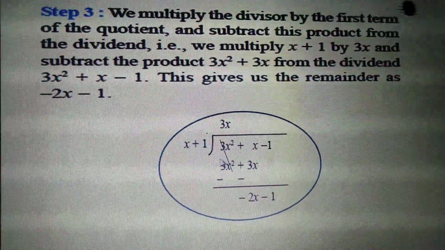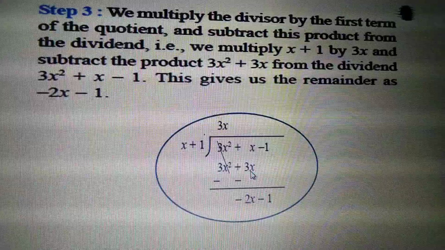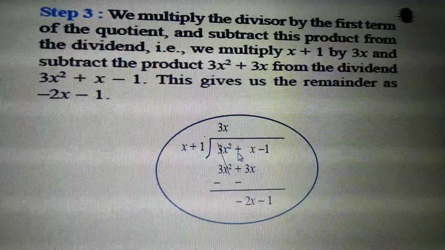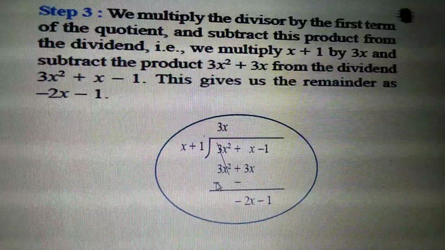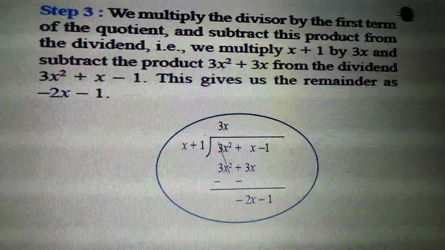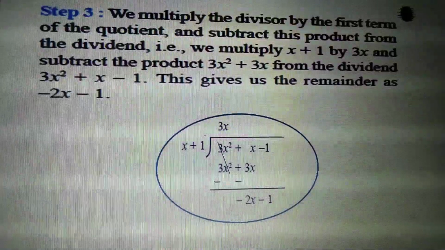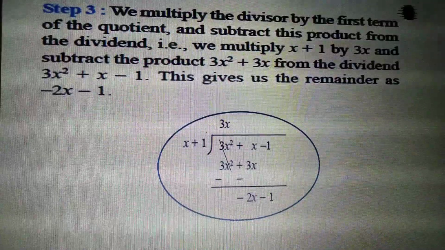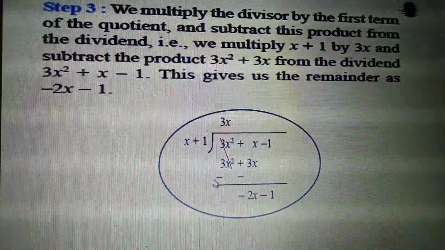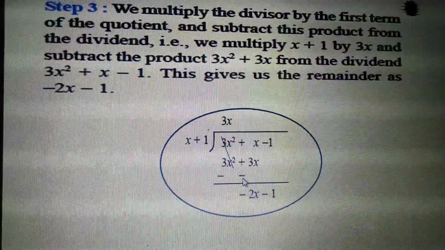So we should subtract this product from the dividend. So how to subtract? Change the sign of the second polynomial and then add it. So change the sign, here plus is there, so change as minus, here also plus, change as minus.